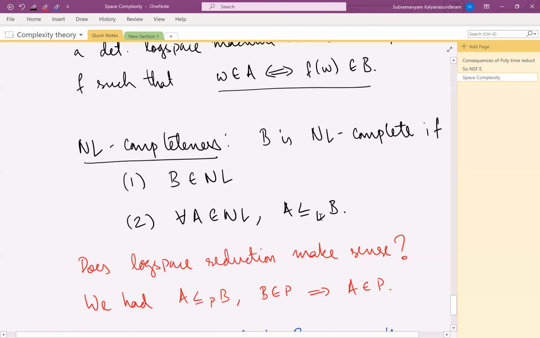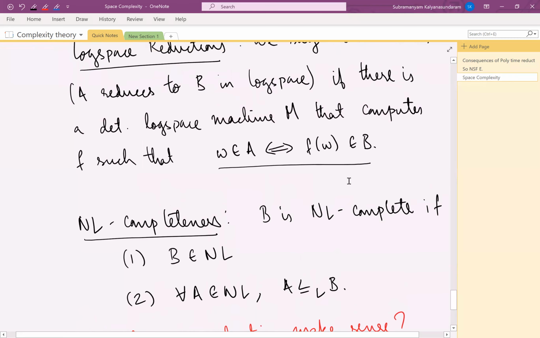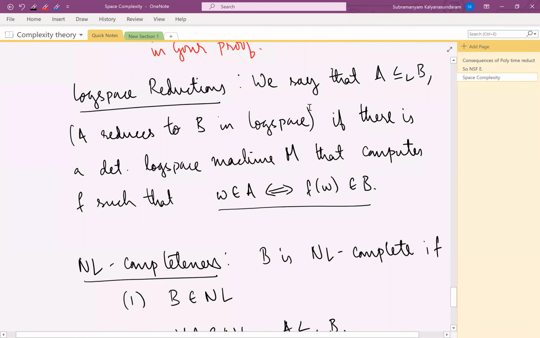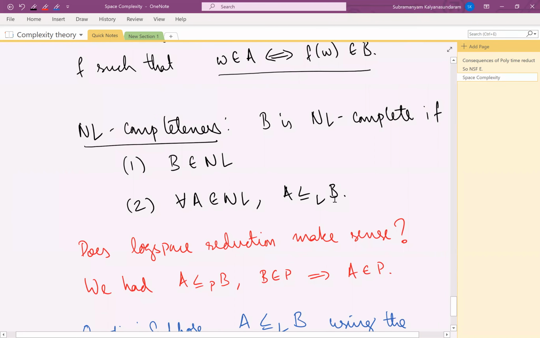So for this reduction to make sense, the reduction should have a constraint that is seemingly, at least, less powerful than the class itself. So that's why we are using the log space reduction, which was the reason for defining log space reduction. So you see why the polynomial time reduction does not really work out here, because everything can be just solved, not even reduced.